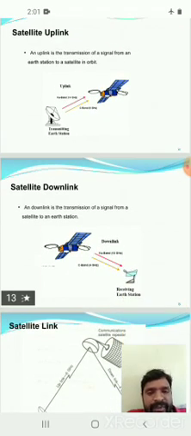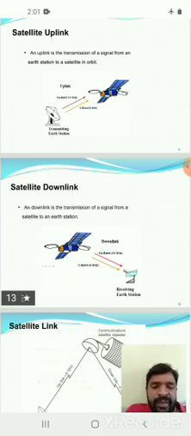Satellite downlink: a downlink is the transmission of a signal from the satellite to the earth station. Here the satellite transmits signals and the earth station receives them. In this downward direction, the satellite in orbit transmits signals to the earth station.